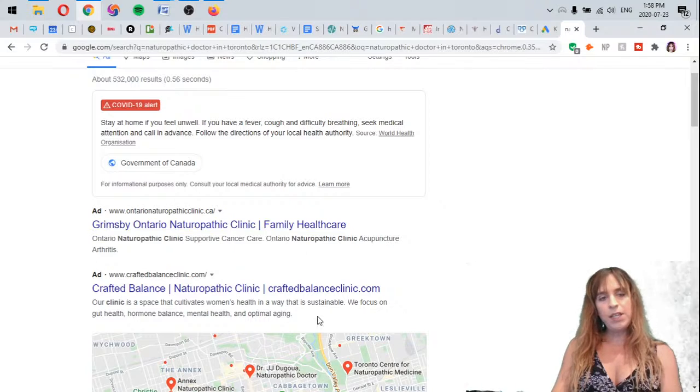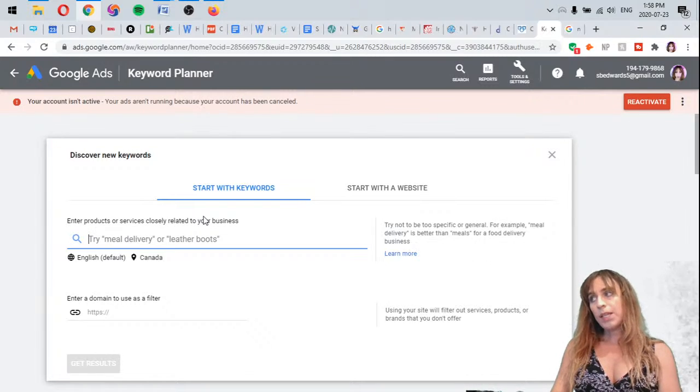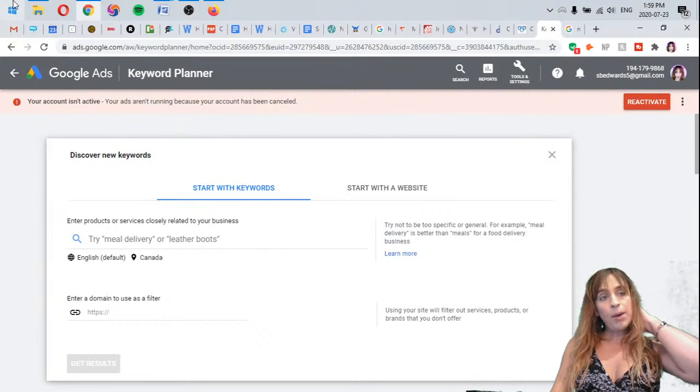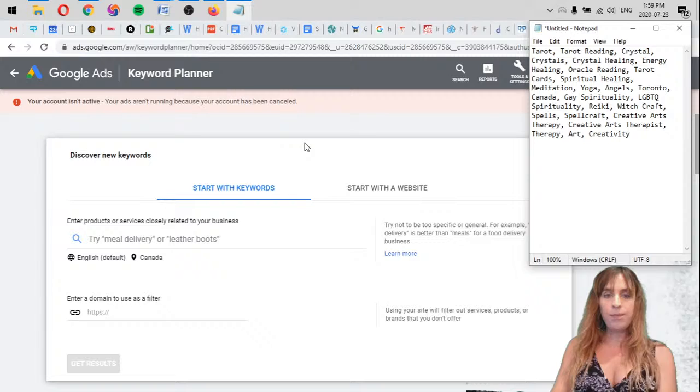And these ads here are part of the AdWords program. And Keyword Planner is designed to provide you with keywords that are going to be beneficial for you in the AdWords program. The nice part about it, though, is it gives you a good idea of keyword volume as well.